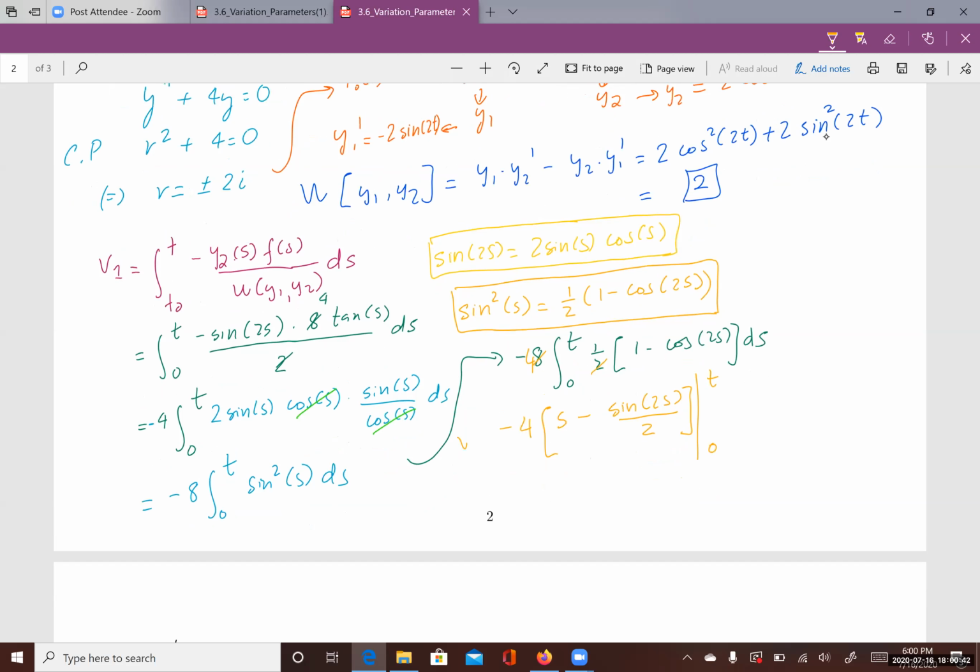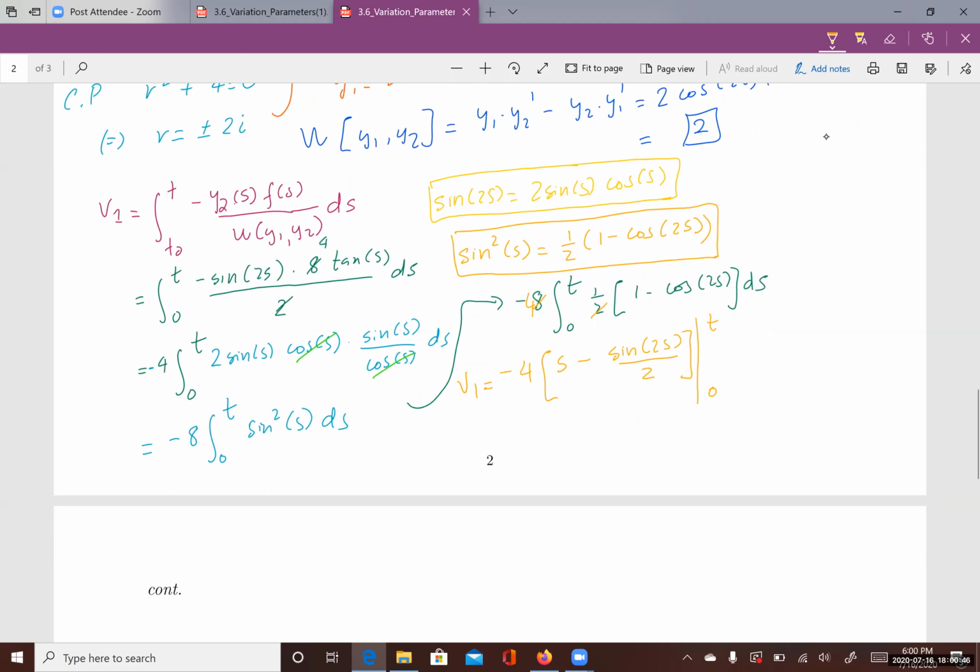Again, this is v1. And using the fundamental theorem of calculus, we find that if you plug t into s, you have t minus sine of 2t over 2. If you plug 0 into s, you get 0. So you just have -4t plus 2 sine of 2t. This is the function v1.